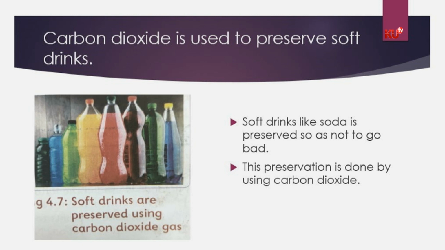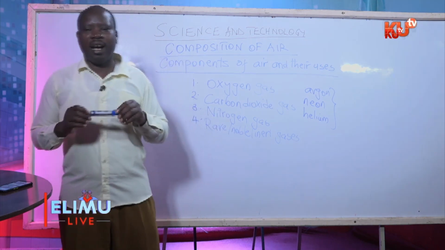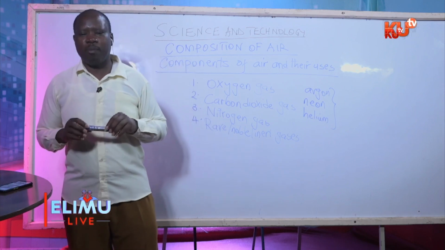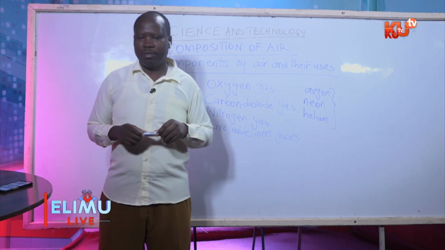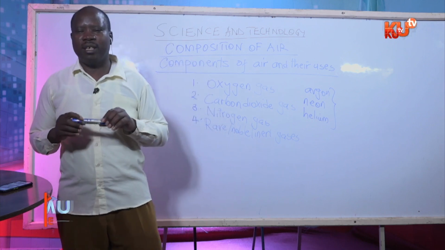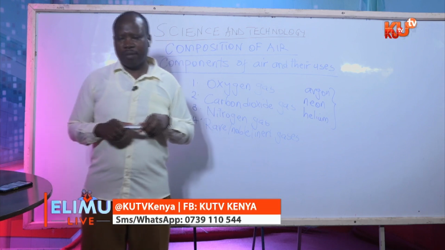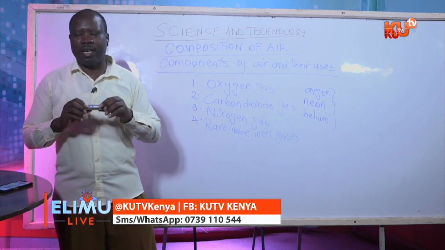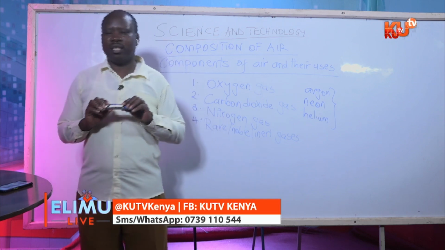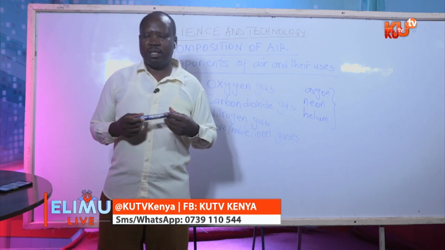And if you want to be a scientist, you want to try and see, truly, is there carbon dioxide in soda? The best example, use a type of soda called Coke. And you can use it in 2 ways. You want to see if true there is carbon dioxide in that soda or no. Take a bottle of soda and shake it violently. It has a lot of carbon dioxide in it.